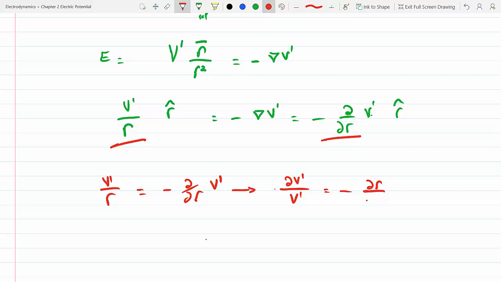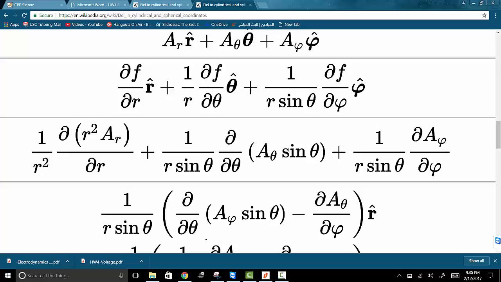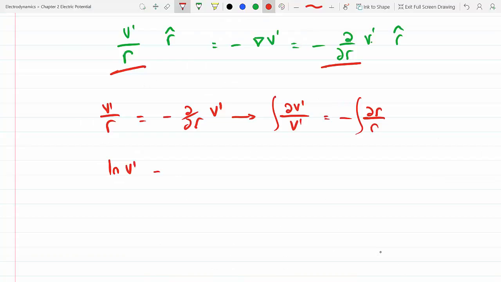I took the dr to the left, and if I integrate both sides I get ln V prime equal minus ln r plus c.